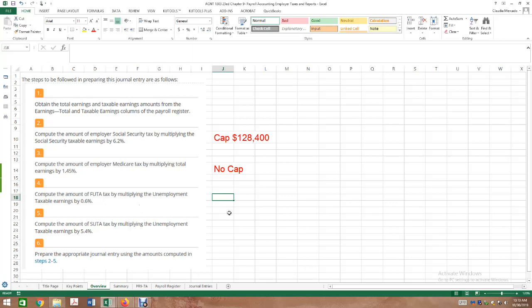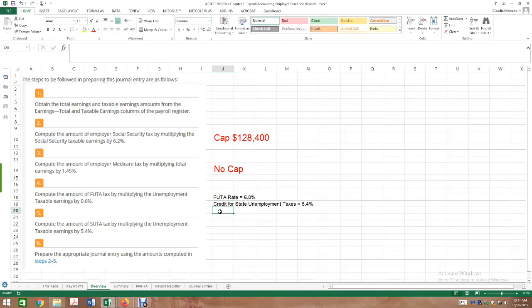So the actual FUTA rate is equal to 6.0%. And then we have a credit that is given for state unemployment taxes of 5.4%. So that's a credit.